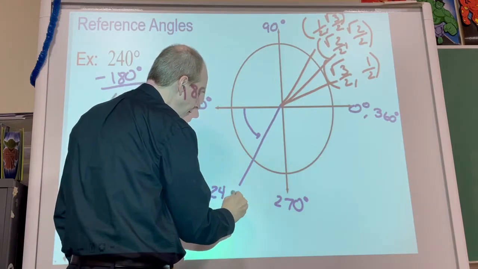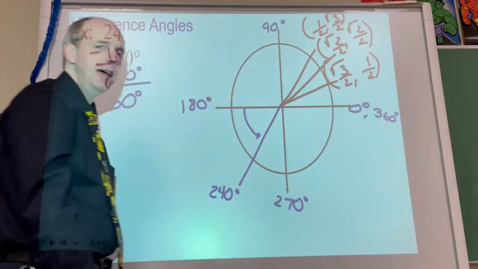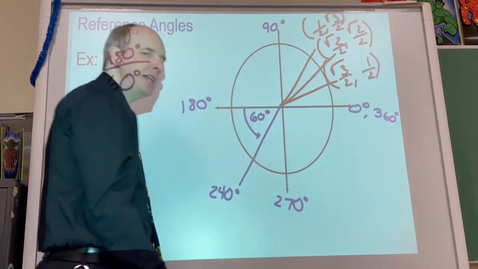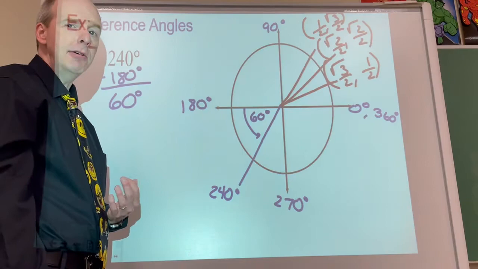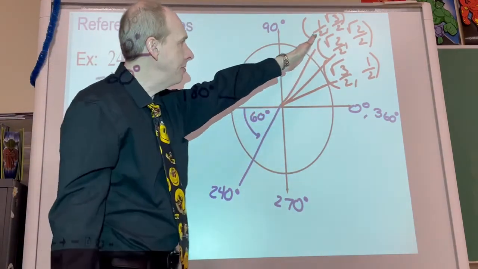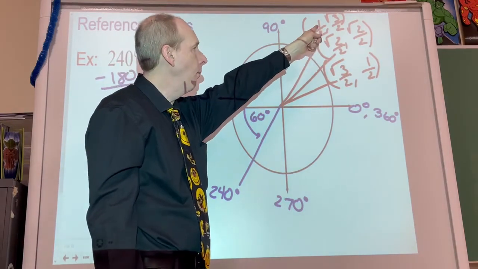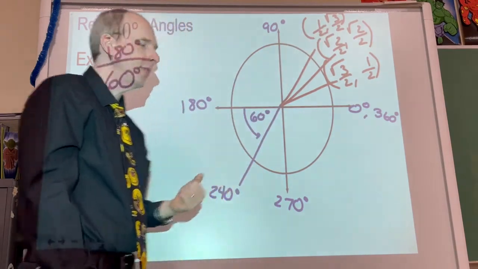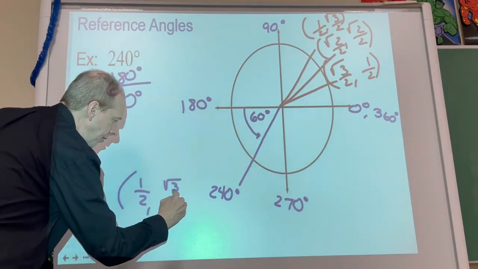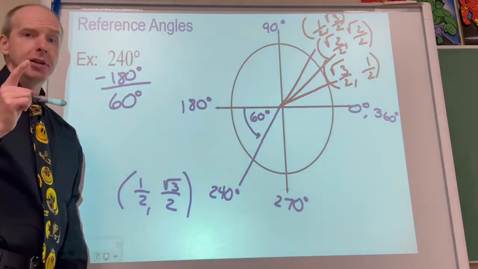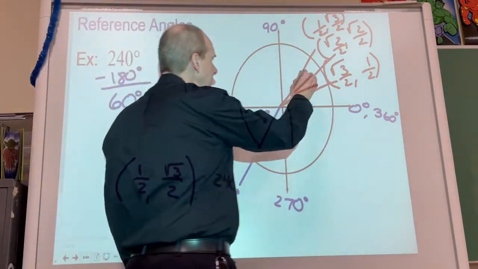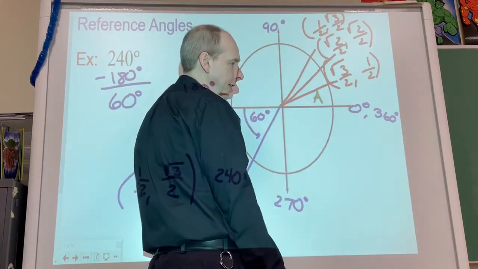So here's 240 degrees. Why do we do that? Because if I have a reference angle of 60 degrees, that means my answers for cosine and sine of 240 are the same as the answers for 60 degrees. 1 over 2, radical 3 over 2. But the catch is, I've got to make sure that I'm taking into account in quadrant 1, all my functions are positive.